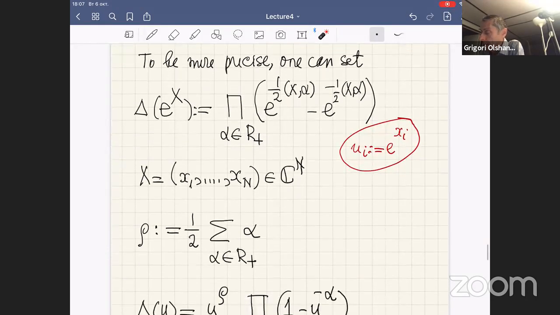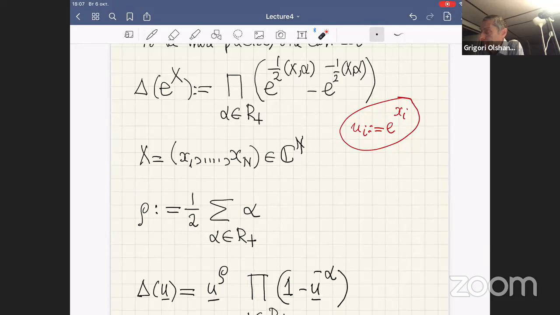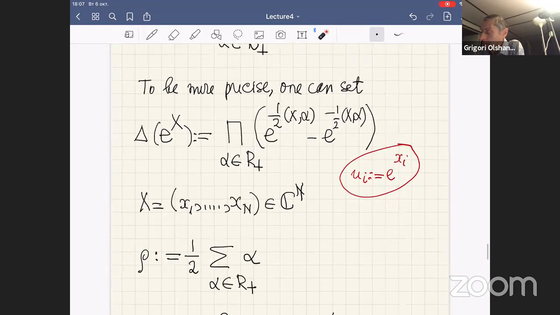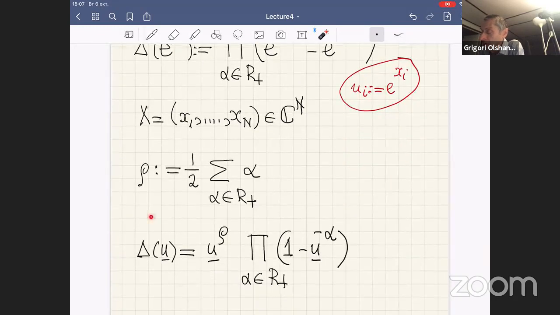Why? Let's explain this. This is a very important definition: the half sum of the positive roots, rho. I will explain how it looks concretely. But just take this as a definition and look at this formula, and we can rewrite this formula as follows.